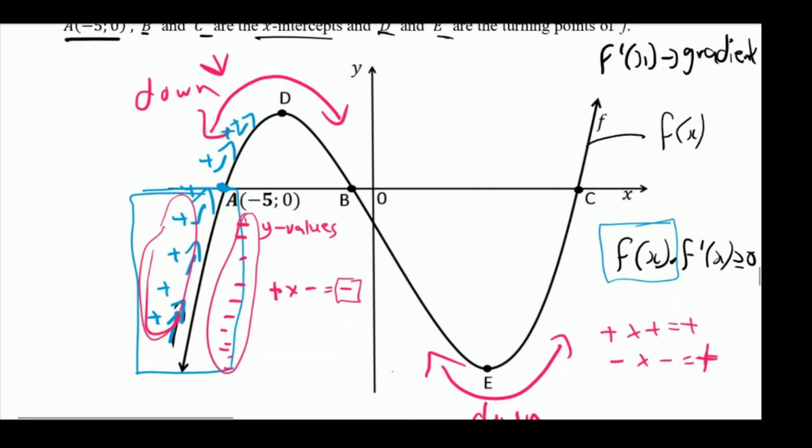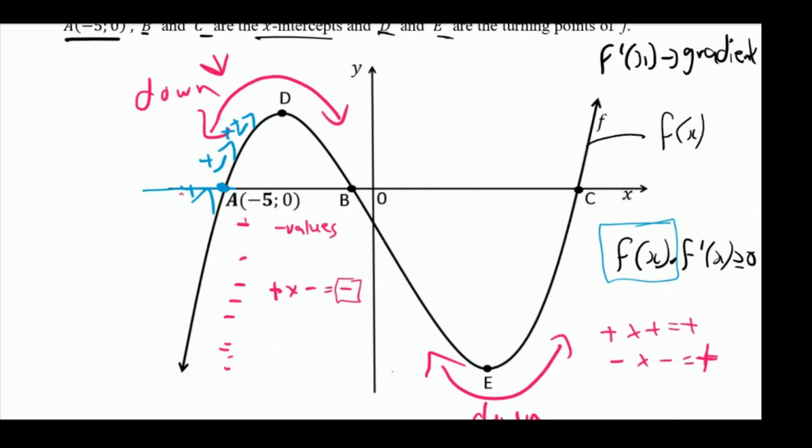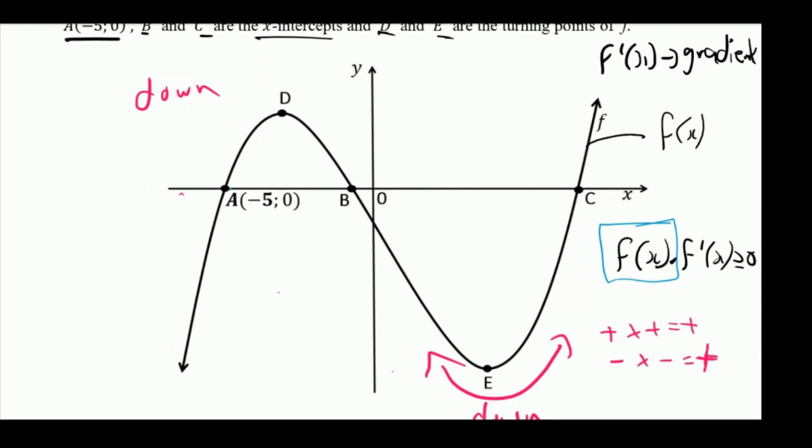So we're going to look at the top, not here at the bottom. If we look at the top of this cubic function here, it's still increasing, right? The function is still increasing here, so the gradient is positive, and the y values are also positive here.